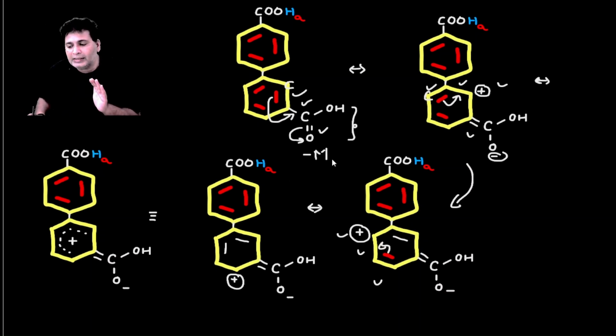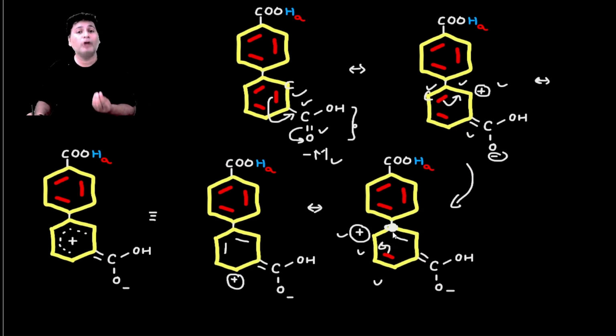because of the minus M effect of the lower carboxylic group, we have seen that a very important difference comes in comparison to the previous discussion. What is that difference? The plus charge is not coming at this carbon. Had it come on this carbon, that plus charge would have gone into conjugation with the upper ring, and it would have percolated from the lower ring into the upper ring.